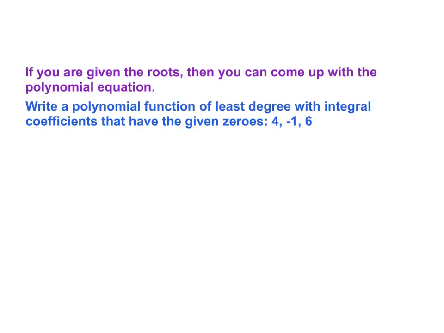No. You're making it way too hard. Okay. What? X minus 4. X minus 4 gives me the solution of 4, right? So what's the factor that goes with minus 1? X plus 1. What's the factor that goes with 6? X minus 6. So if I was creating the polynomial, that's how you would do that.